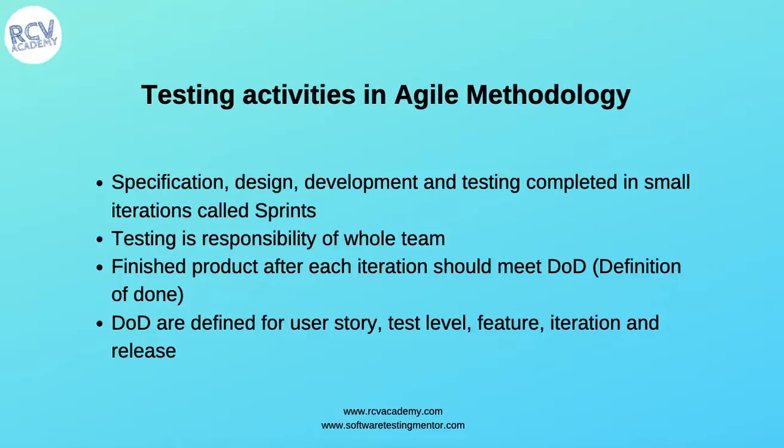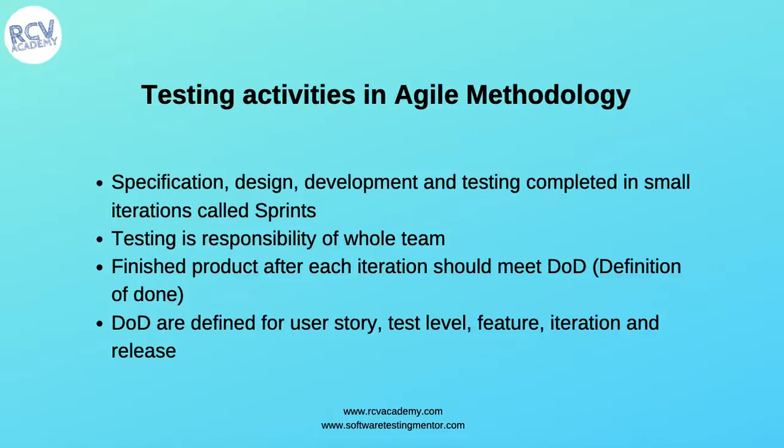In that small cycle, as a tester you are closely involved with the business people, business analysts, developers and solution architects, and you are planning your automation test cases along with your manual test cases to get ready to test the code in that particular sprint itself.